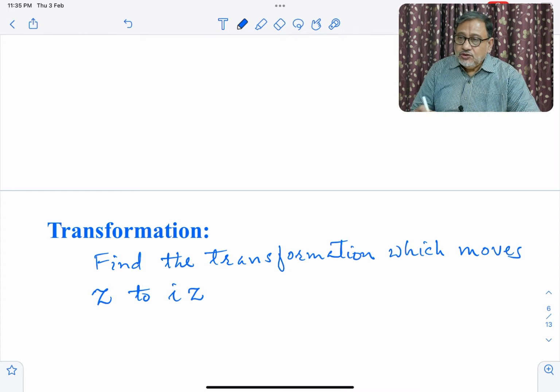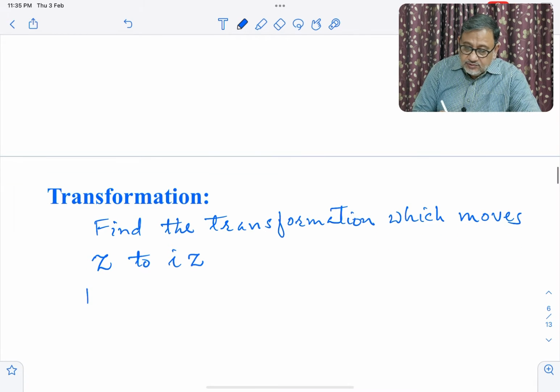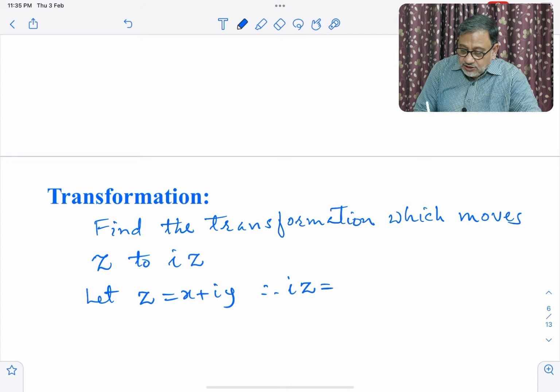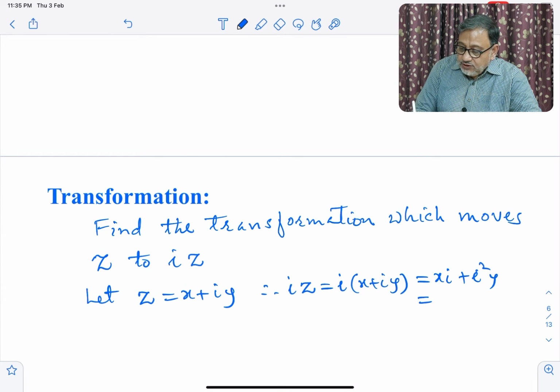So let z is equal to x plus iota y. So therefore iz will be i into x plus iota y, and when we multiply it out, it is xi plus i square y, and i square is -1, so -y plus xi.